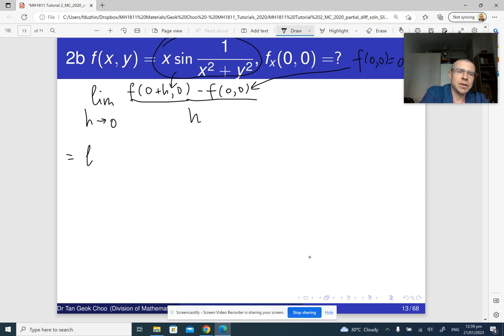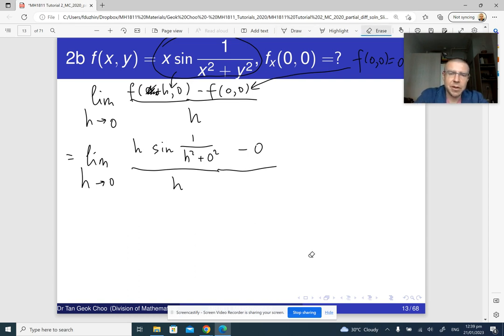So this is the limit as h goes to 0 of, well, 0 plus h is still h, so I can just write h. I need to replace x with h and y with 0 in the formula. So this is h times sine of 1 over h squared plus 0 squared, everything divided by h, and minus 0.